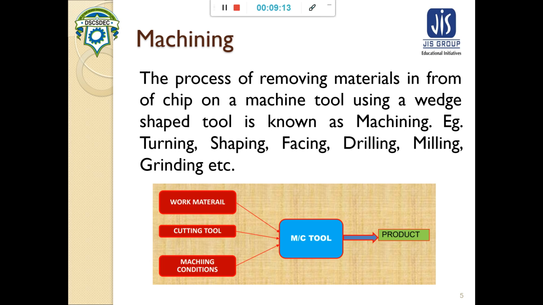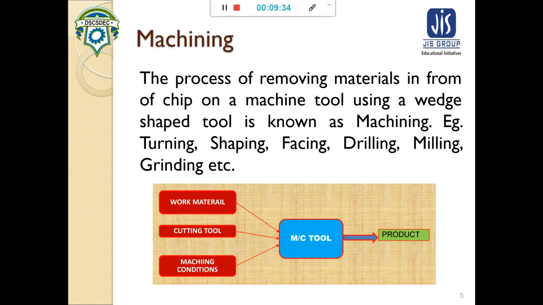For machining, there are various topics that we should know about. Those are called inputs. The examples of machining are turning, shaping, facing, drilling, milling, and grinding.